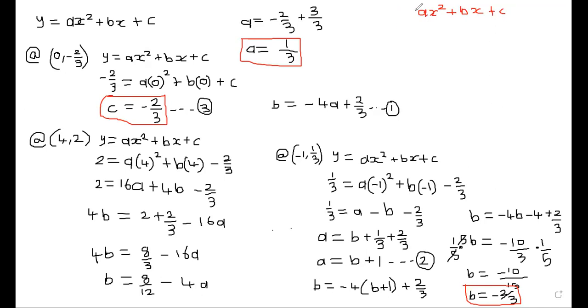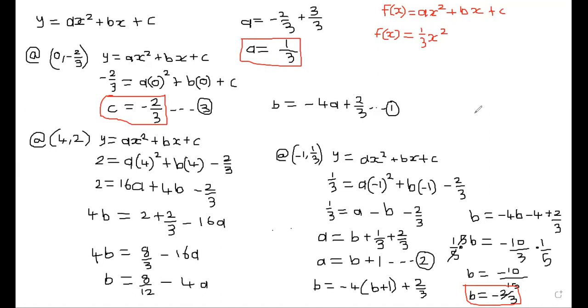So now we know that f of x is equal to a. What is a? A is 1 over 3. Okay, so we have 1 over 3x squared plus b.